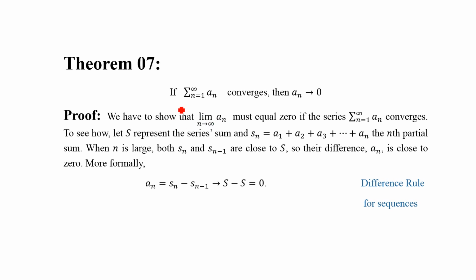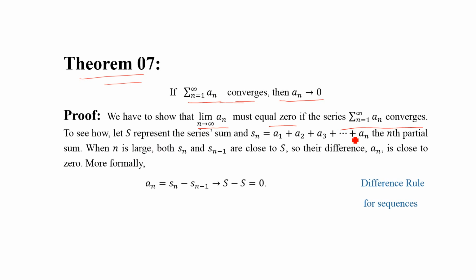Next theorem, which is theorem 7 in your book. If the infinite series converges, so the point to be noted is that we have a convergent series, then an approaches 0. So we have to show that the limit as n approaches infinity of an is 0 if this series is convergent.